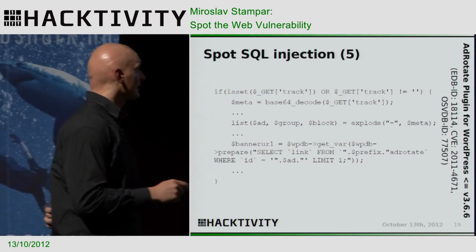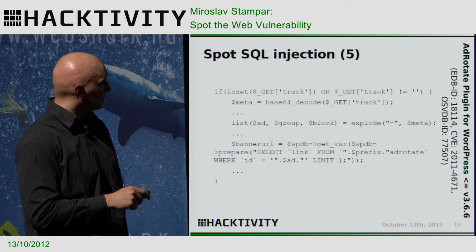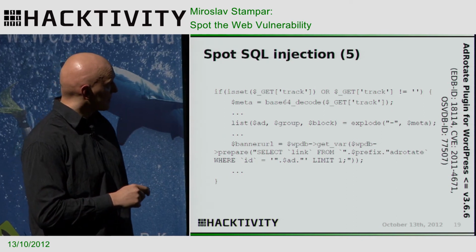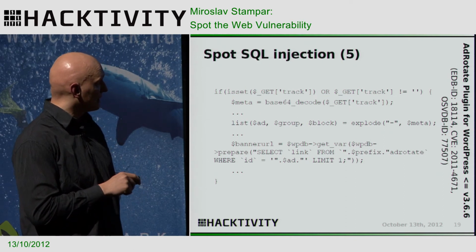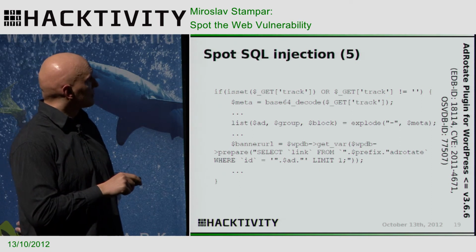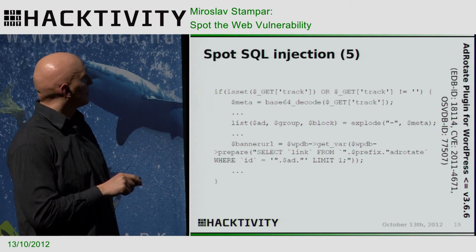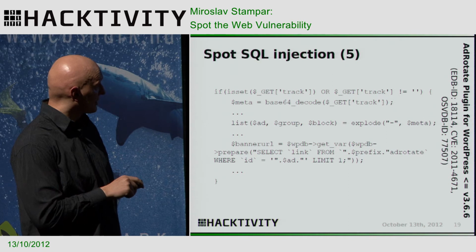At least it seems like that. But when you break this part, you will come to this part where he just used the prepare the wrong way. So the proper way should be to make the select link from, instead of using this variable not affected by us, but this add is coming from the track.